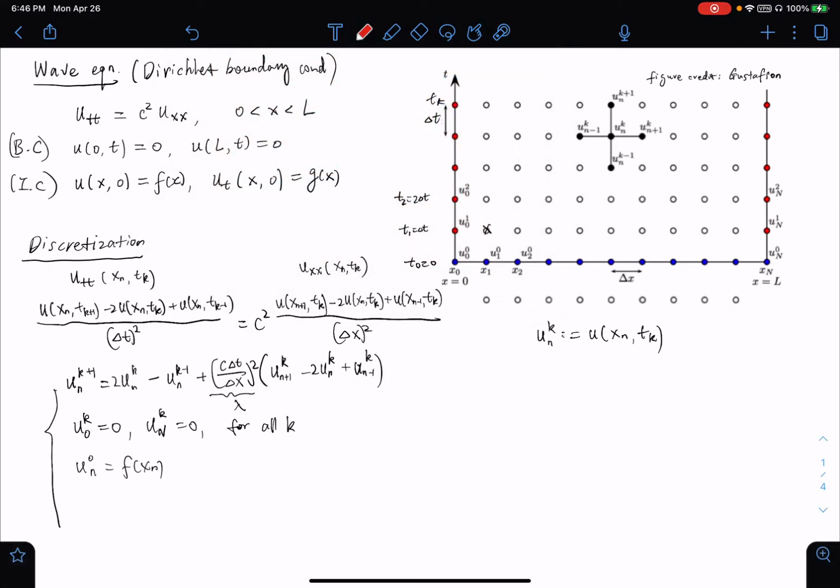This value, this value, this value, and some value that is not on our discrete grid, right? So in particular, this fictional grid row will correspond to t minus 1 equals minus delta t.